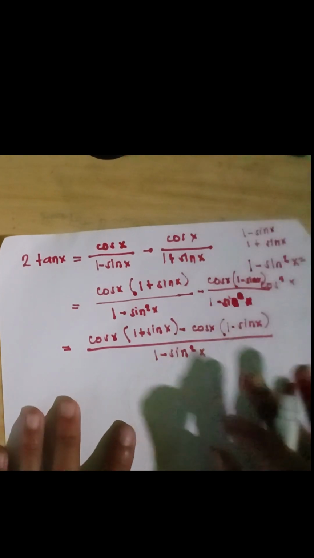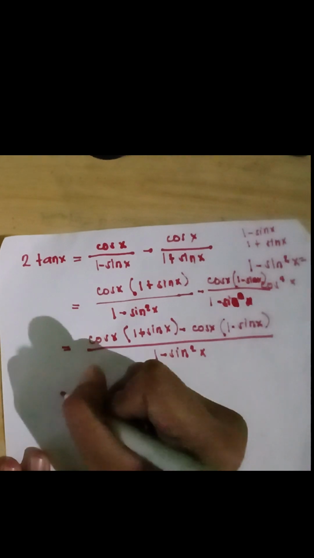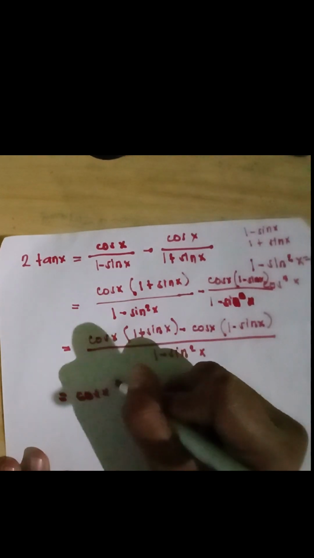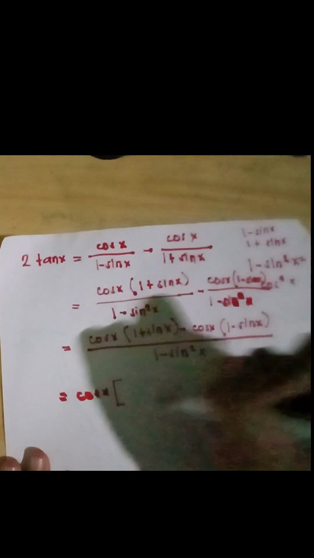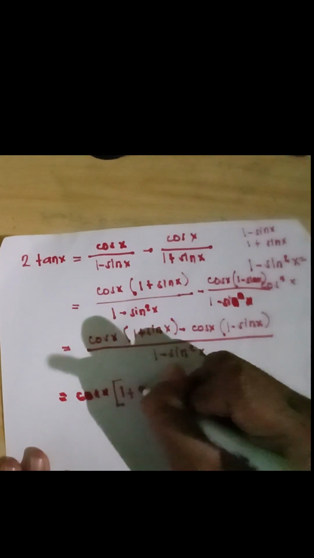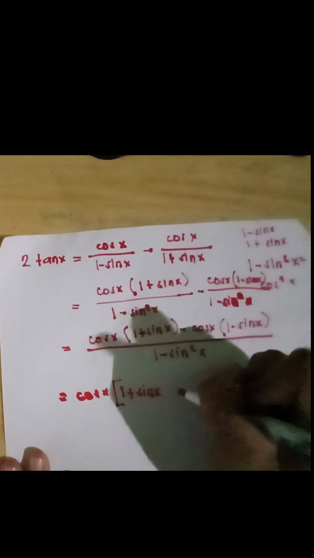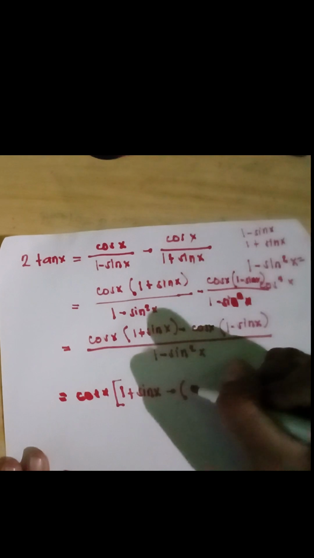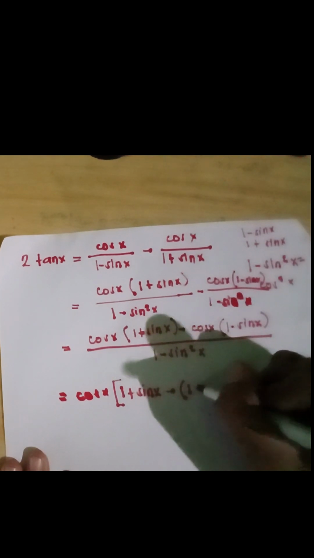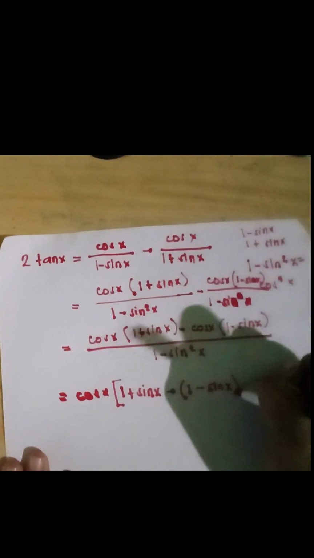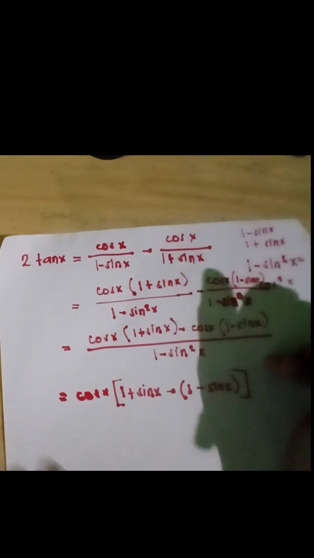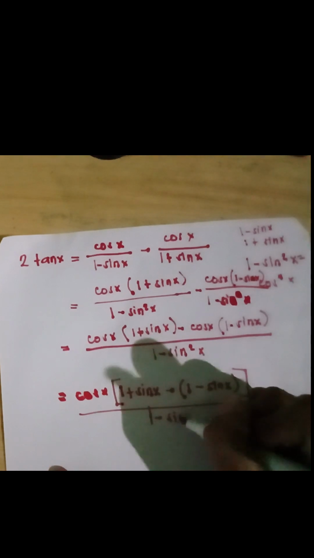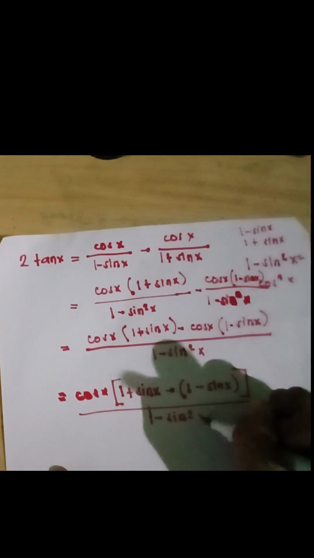Now let's expand this into cosine x times (1 plus sine x minus 1 minus sine x) over 1 minus sine squared x.